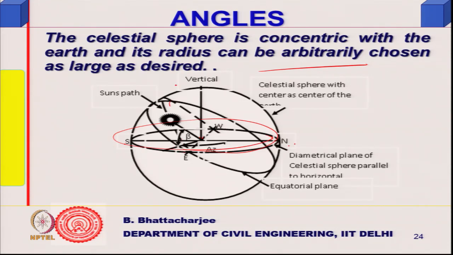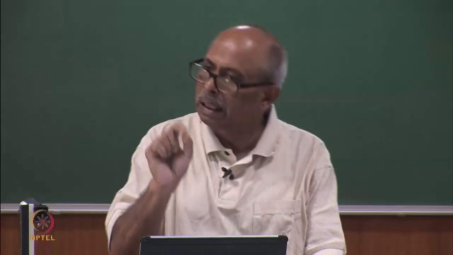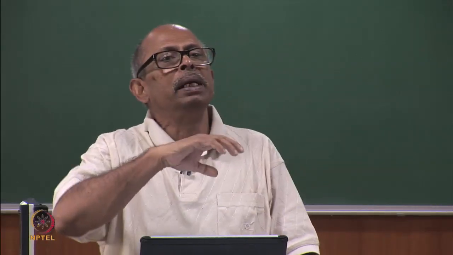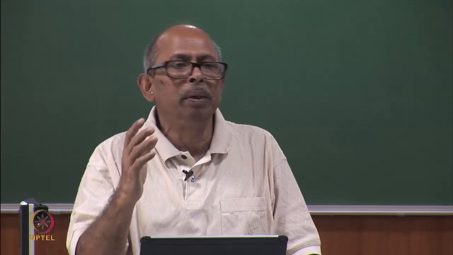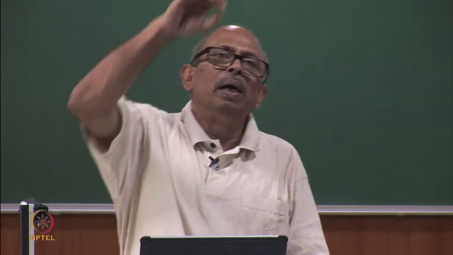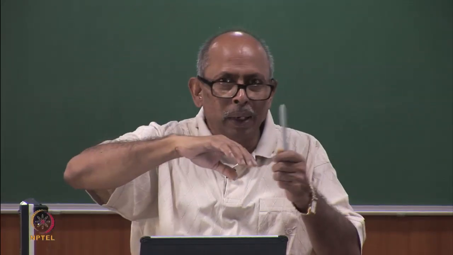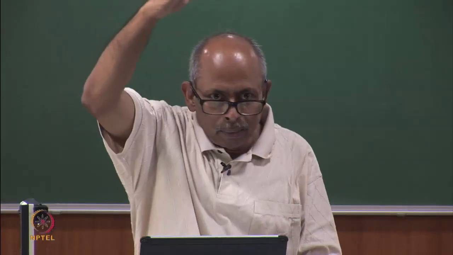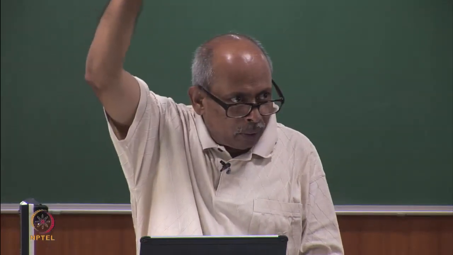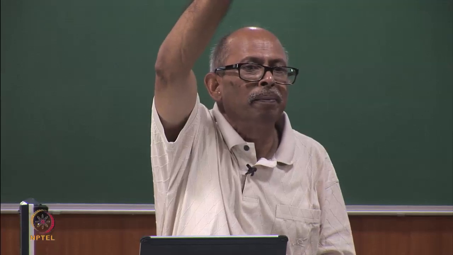So, celestial sphere first of all is a sphere whose center is the earth, and its radius can be arbitrarily chosen. If you expand this, the diameter can be very large, so the sky vault can be included, and somewhere the sun's position is there.